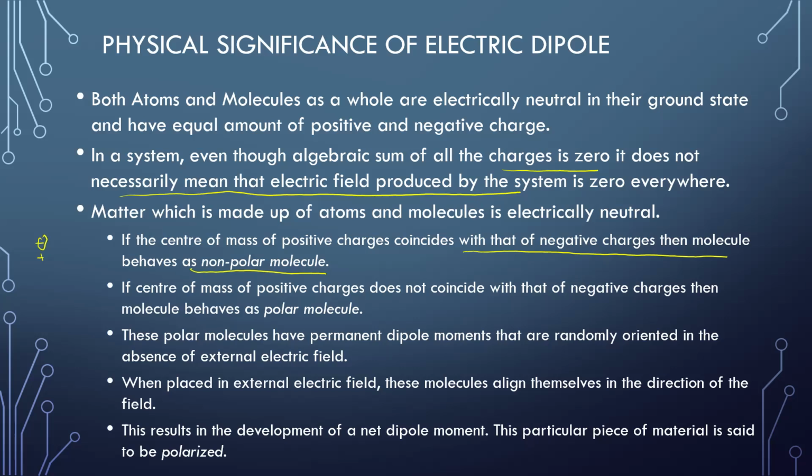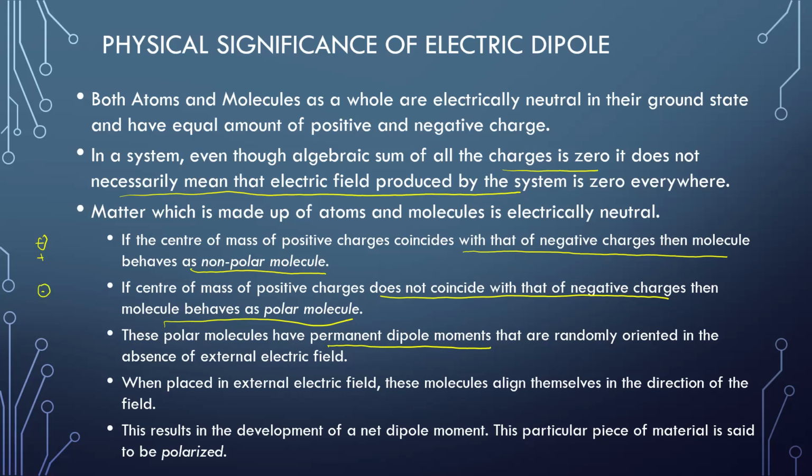But if the center of mass of the positive charge does not coincide with the center of mass of the negative charge, then the molecule behaves as a polar molecule, right. Now, these polar molecules have what is called permanent dipole moment.